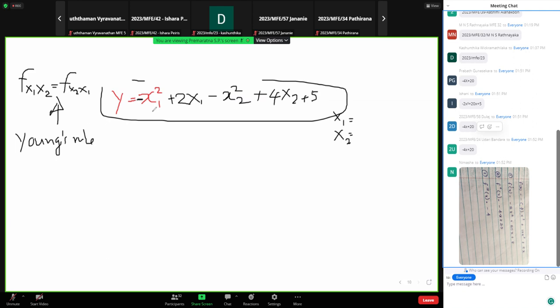Now, find the optimal values of x1 and x2. For that, first differentiate with respect to x1, then x2, then find the values of x1 and x2, the optimal values. So you can do it, I'll give you 2 minutes.